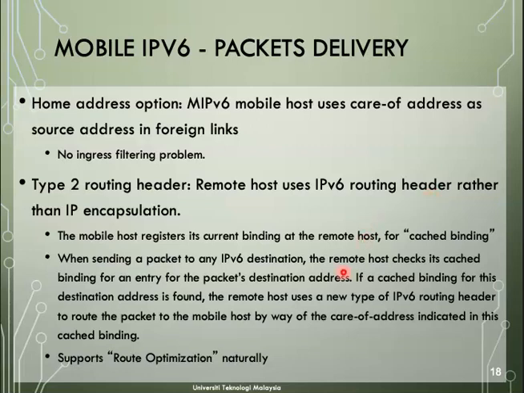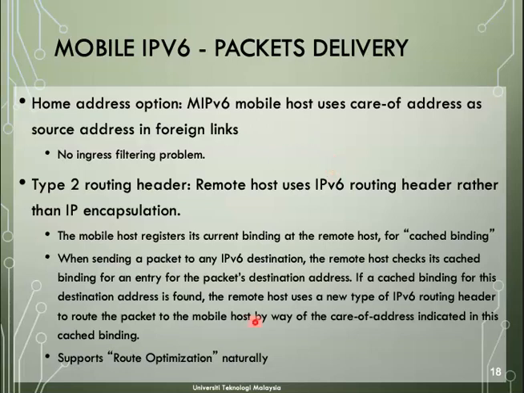So the cache contains both remote host registration and also home registration entries. You can see the details for the mobile IPv6 process in the RFC document, request for comment document 6275. So you can Google RFC 6275 to understand more about mobile IPv6.